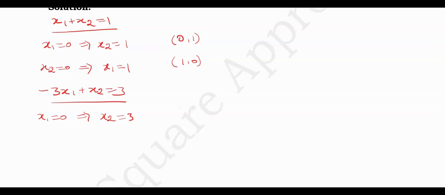So the point is 0, 3. If we give x2 is equal to 0 in the same equation, then we'll have minus 3x1 is equal to 3, which implies x1 is equal to minus 1. So the point is minus 1, 0.